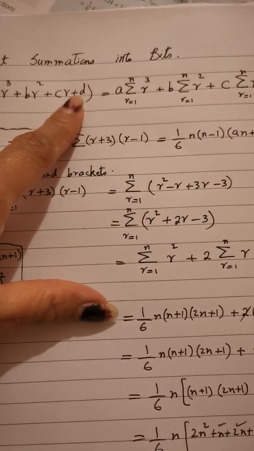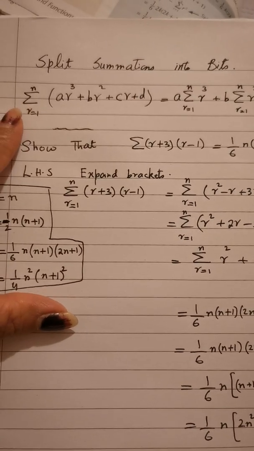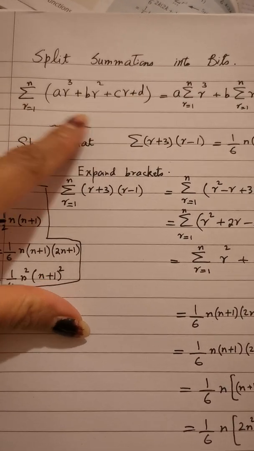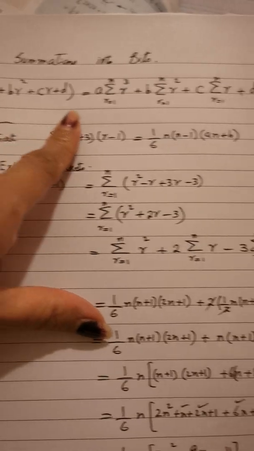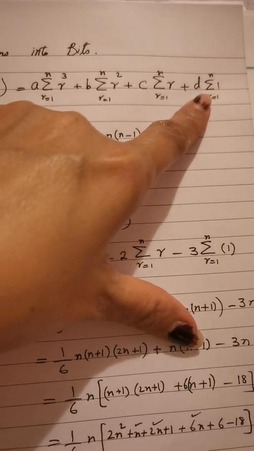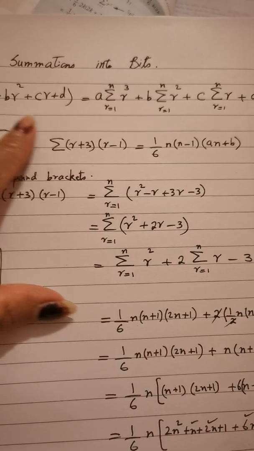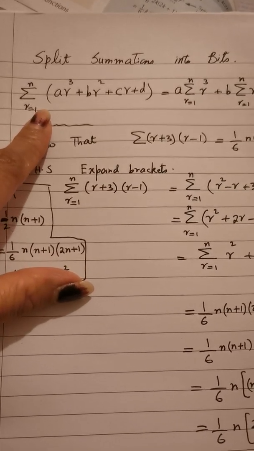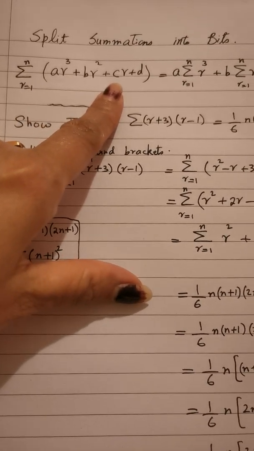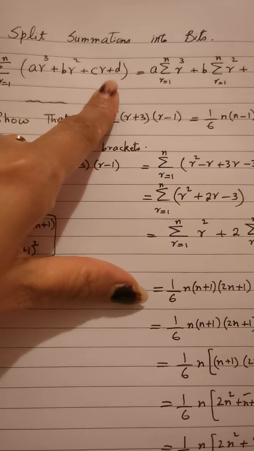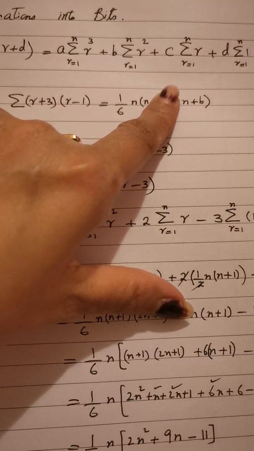And when it is the constant, we will write d first of all and the summation will apply on 1. So whatever the expression we are given, we will split it like that.